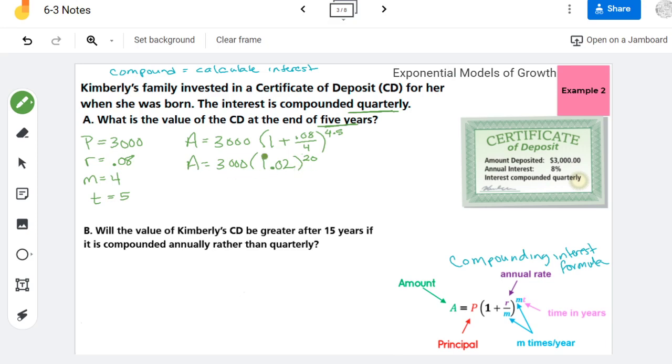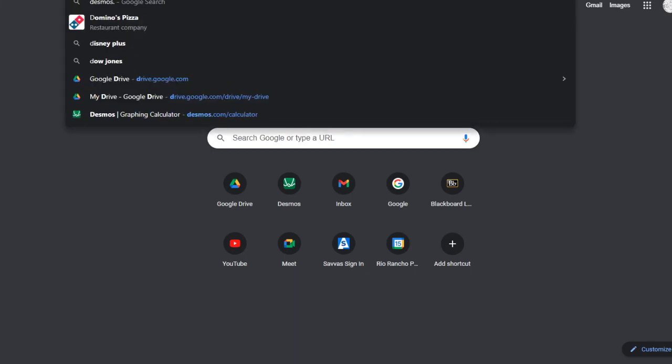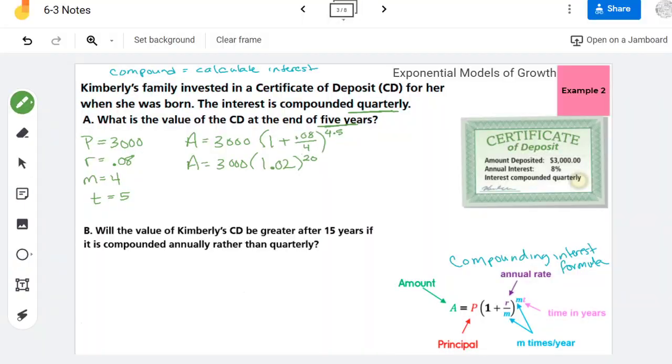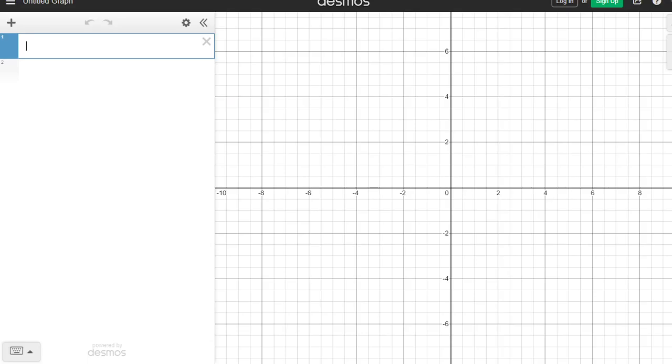If you have one of those cheap scientific calculators, I would just do the 1.02, raise it to the 20th power, and then multiply it times the 3000. Since I want you to be able to see what I'm doing on my screen, I'm just going to use Desmos to do this calculation, but I'm going to split it up how I would do it in a normal calculator. So 1.02 raised to the 20th power. Now that's this hideous decimal.